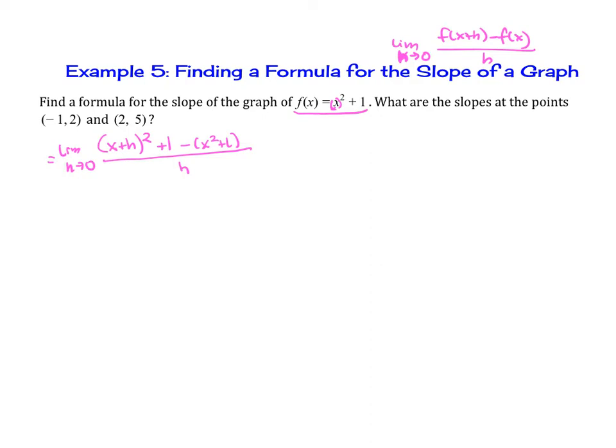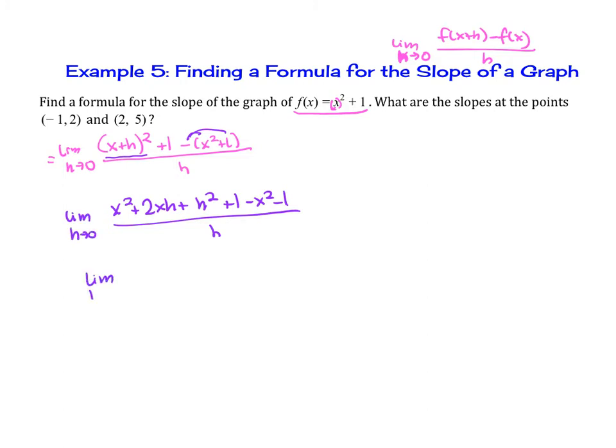All right, so let's go ahead and finish this out. So x plus h squared is going to be x squared plus 2xh plus h squared, and then plus 1, distribute the negative, negative x squared minus 1, all over h. And again, this is a limit as h approaches 0. So let's simplify. We know that x squared cancels, and then 1 and 1 cancel. Now we're left with h squared plus 2xh all over h.